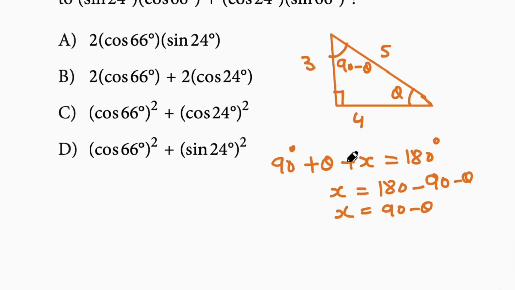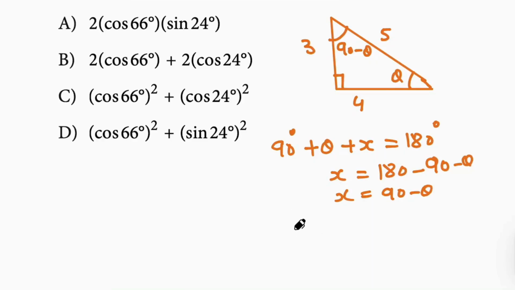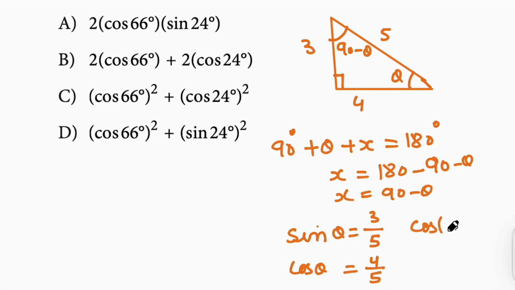Now, if this is the case and it's true every single time, let's do sine theta and cos theta. Sine theta is opposite over hypotenuse, 3 over 5, and cos theta is adjacent over hypotenuse, 4 over 5. Now let's do cos of 90 minus theta and sine of 90 minus theta.